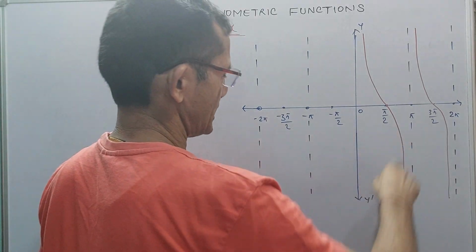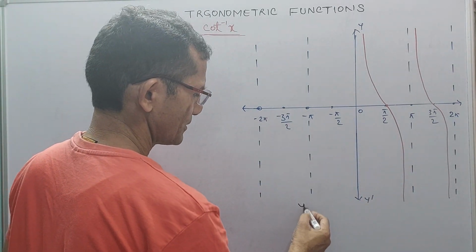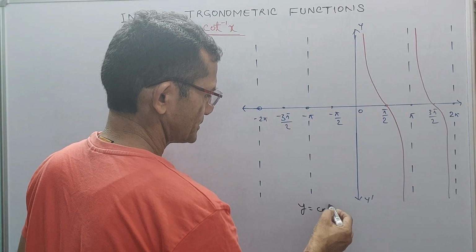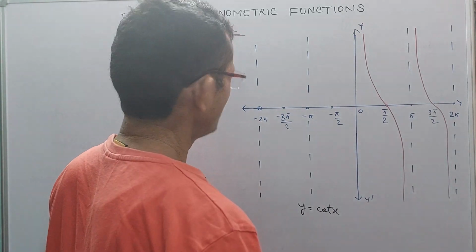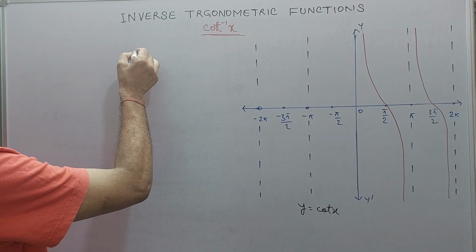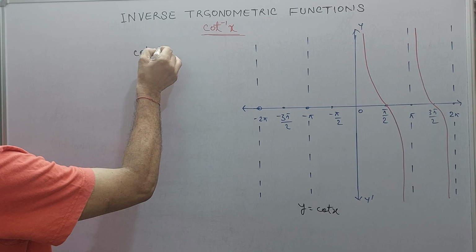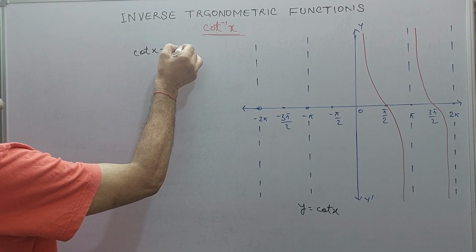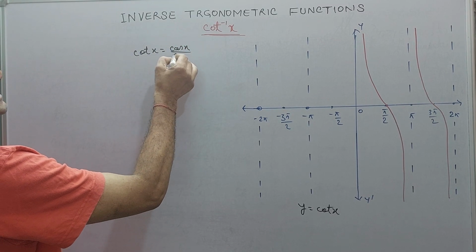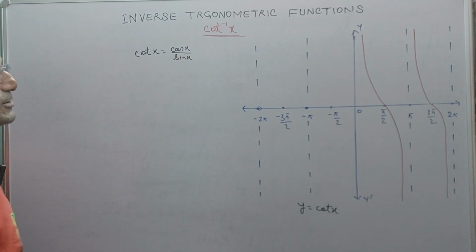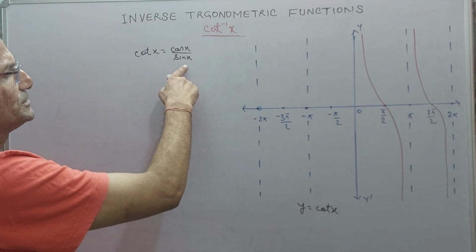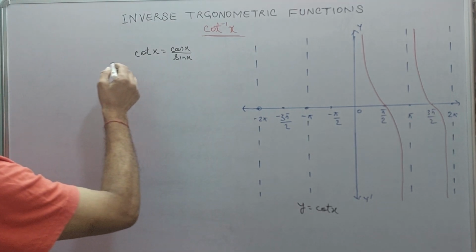Now this is our graph of y = cot x, and we already know that cot x is equal to cos x divided by sin x, and cot x is not defined for the values where sin x is equal to 0.